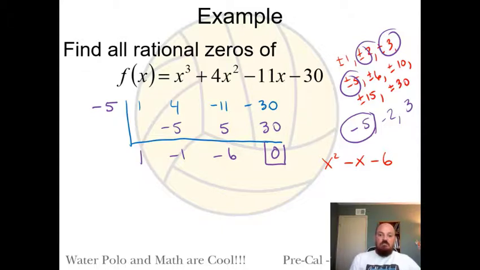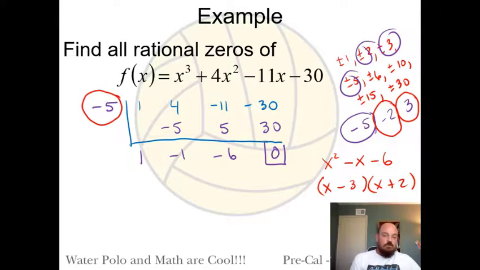And you can factor that like we did earlier on. You're just looking for 2 numbers that multiply together to give you negative 6 and add up to give you negative 1. That would be negative 3 and positive 2. And then by switching the signs, you get positive 3 and negative 2 for your solutions. So we did find the three answers that way.